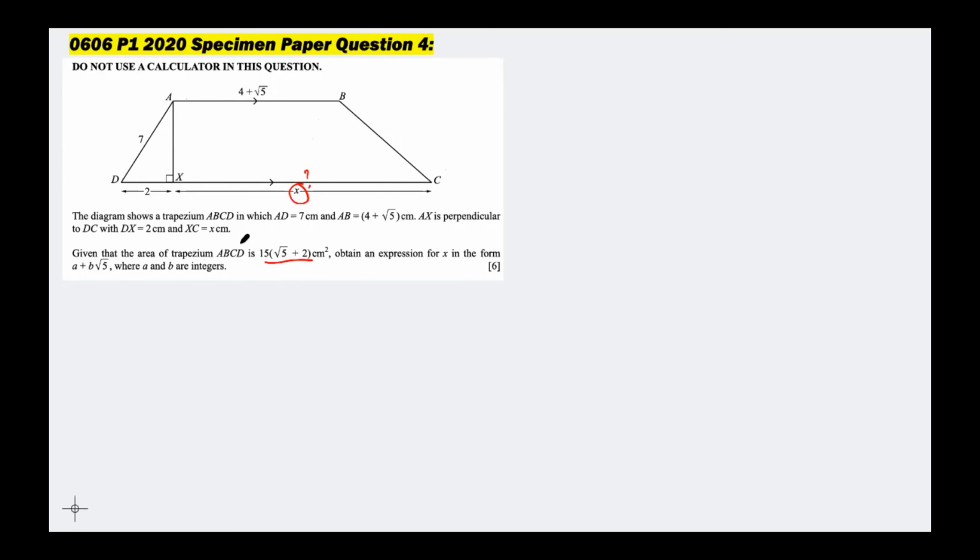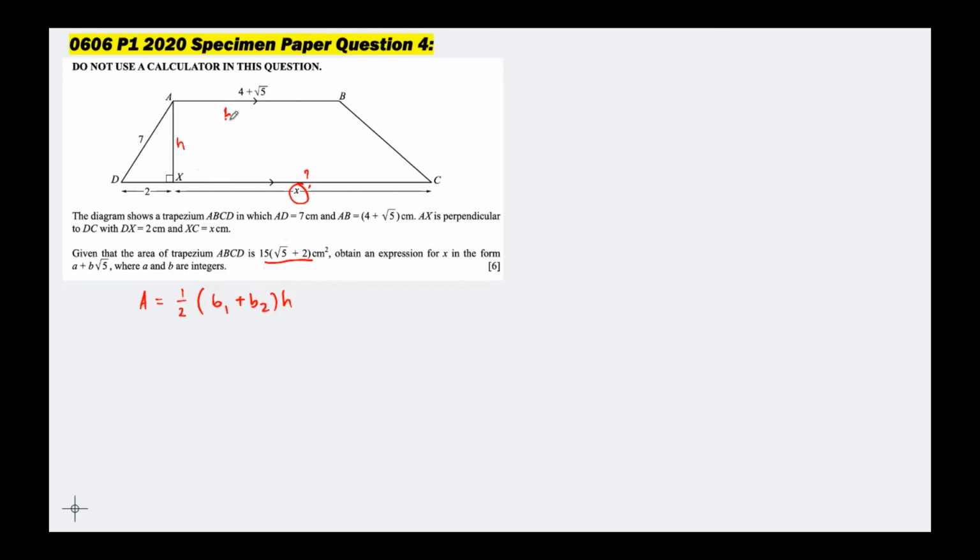So what we can do is, of course, make use of the area for the trapezium, which is 1/2 times the first base plus the second base, times the height, correct? If you notice, the first base and the second base are given, but the height isn't. So we don't know what this is. But triangle ADX is a right angled triangle, so we can use Pythagoras Theorem.